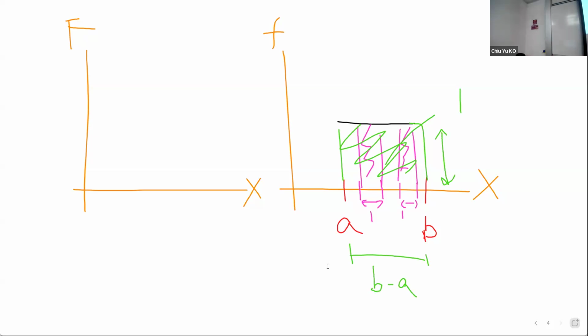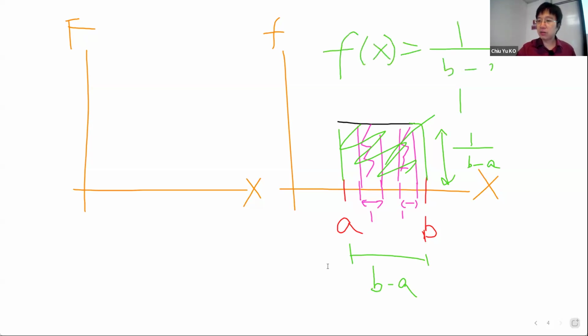This is elementary school math. B minus A times what is 1? 1 over B minus A. So that's why f of x is 1 over B minus A.